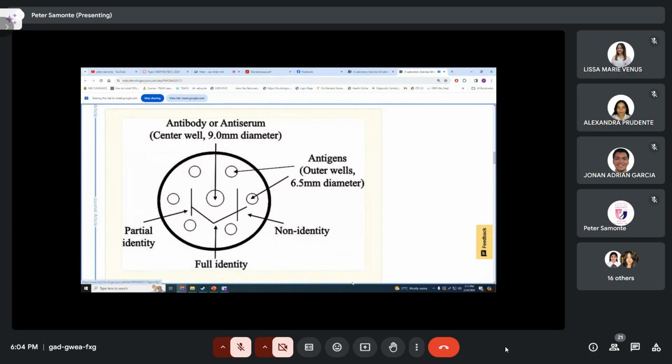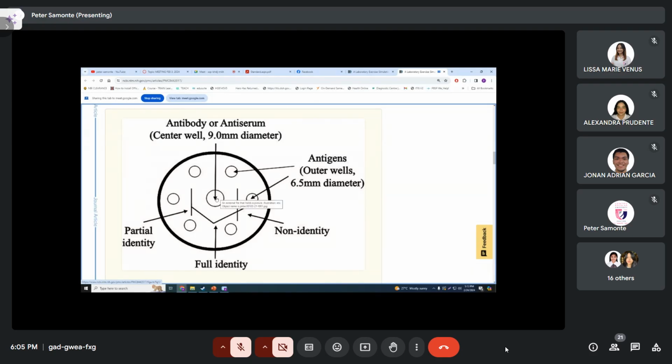Ito siya. So this is your Auchterlonie technique, class. So you're going to pour your agar in a plate. Pure concentrated agar, class. Walang antigen, walang antibody. Now, once you pour the media or the agar into the plate, you're going to make wells. On the center well, class, yung gitna na yan, that is where you would add your antibody or your antisera.